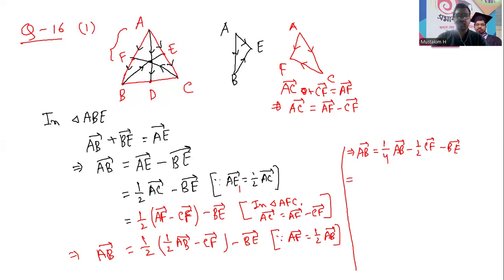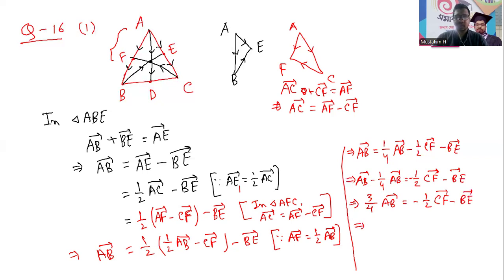Now take 1 by 4 AB vector to left side. AB vector minus 1 by 4 AB vector equal to half minus half CF vector minus BE vector. So from here, you can write 3 by 4 AB vector equal to minus half CF vector minus BE vector.